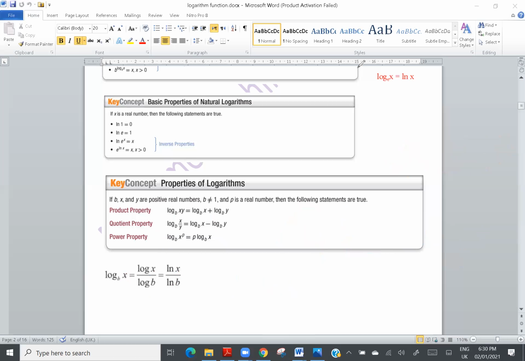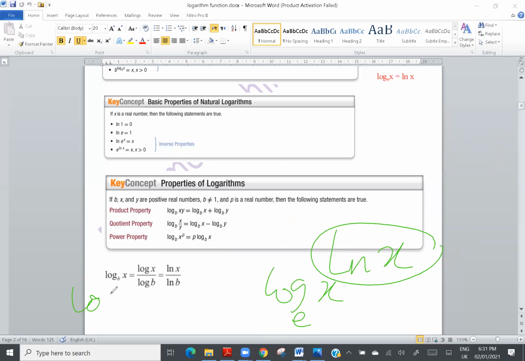Also for ln, as I told you, ln x means log x with base e, which is not written. Log x directly has base 10, which is not written, like the power of 1 is not written. If the base of the log is 10, it's not written, but you know that it's 10.